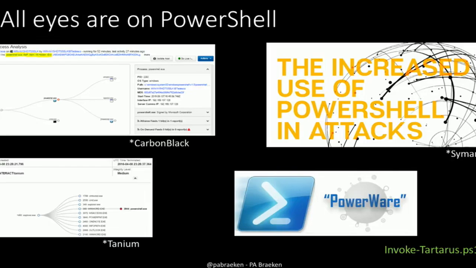We got PowerWare, which was last year the first ransomware into the memory. I did a little script that you can find on my GitHub called Invoke-Tartarus that does the same thing, so running into the memory and encrypting files.